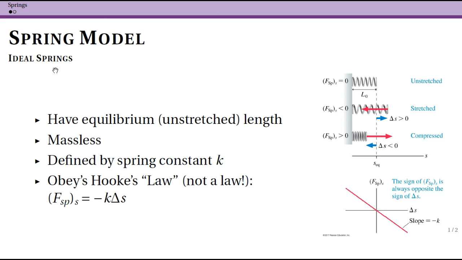So whenever we're dealing with springs or elastic objects such as rubber bands, we're assuming that they are ideal. Now part of that is that they're massless so that we don't have to worry about the motion of the spring itself.